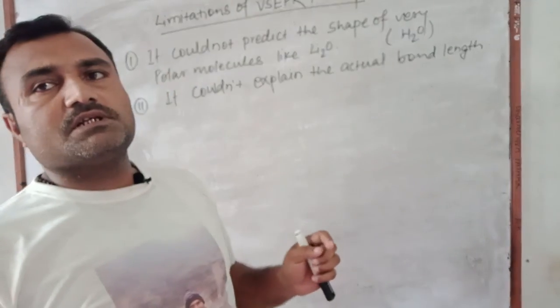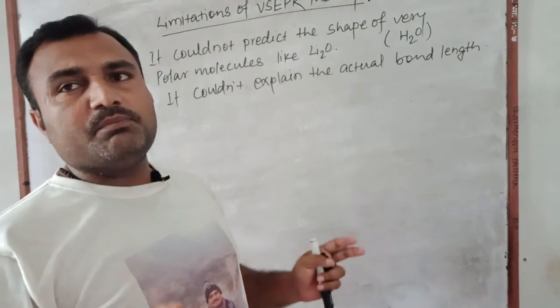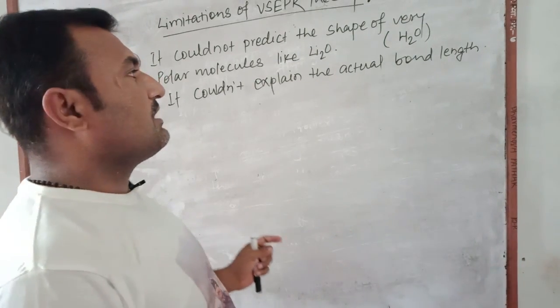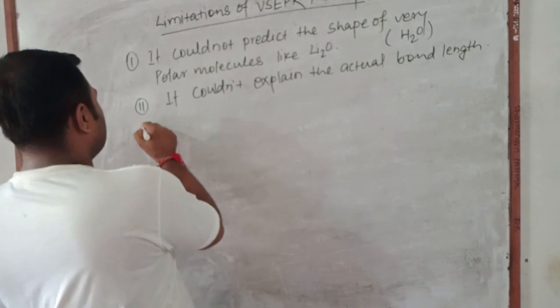It only says that a certain amount of repulsion occurs and the bond angle decreases, but how much it decreases, it could not explain.